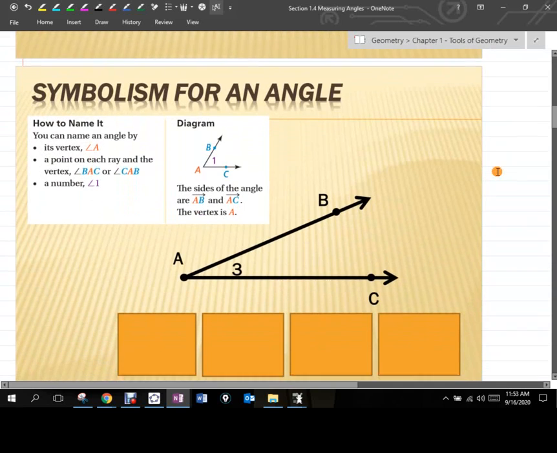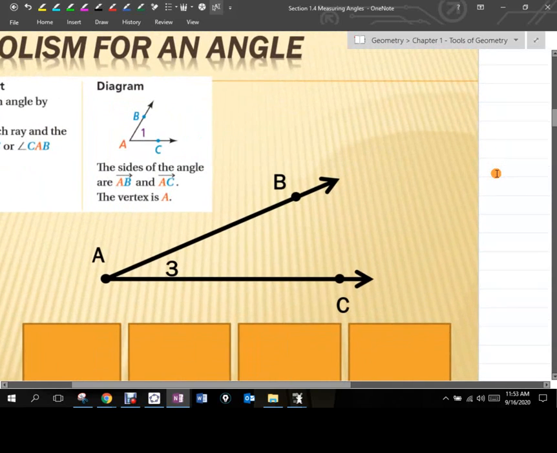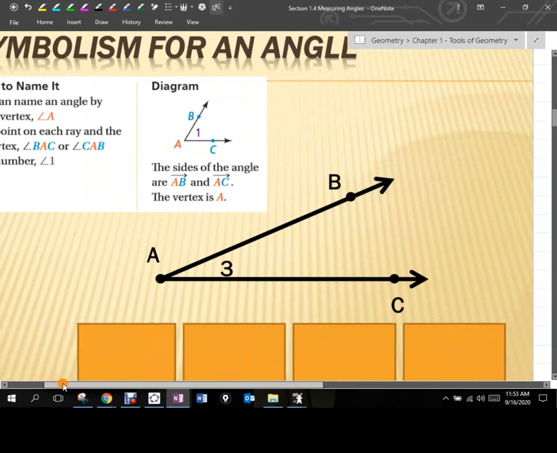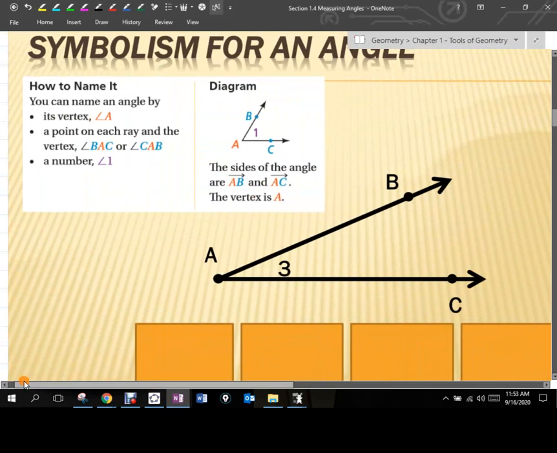All right, so we've got some symbolism, some ways that we're going to refer to angles, describe them, name them, that kind of thing. And this can get messy. There's good ways of doing this. There's bad ways. All of them are acceptable in certain situations, and some of them are unacceptable in certain situations. So, you can name an angle by its vertex.